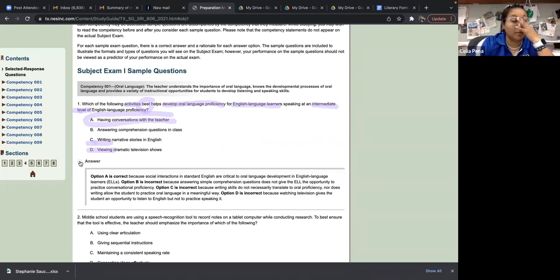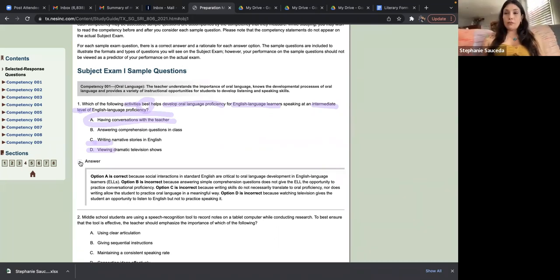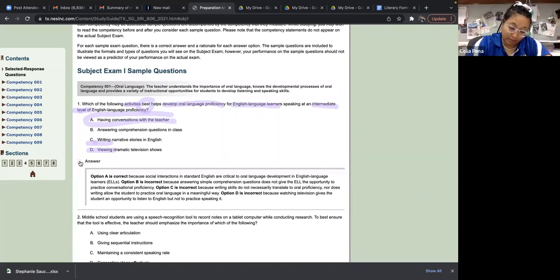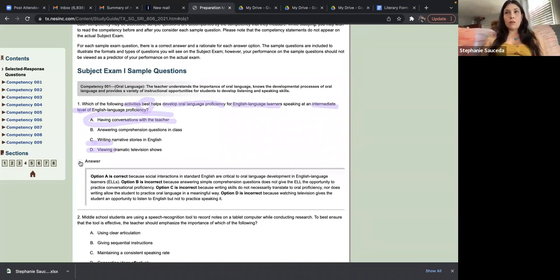Conversations are the best for listening and speaking. So having them do think, pair, shares, find somebody who, all of those are not activities that are going to be graded very heavily.